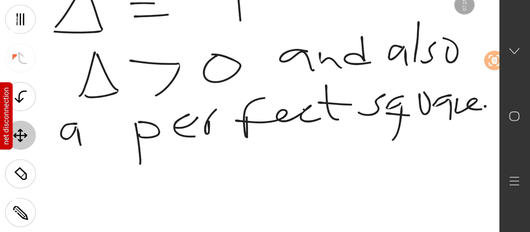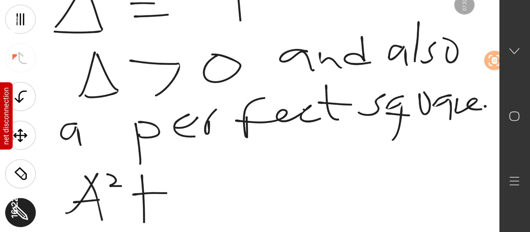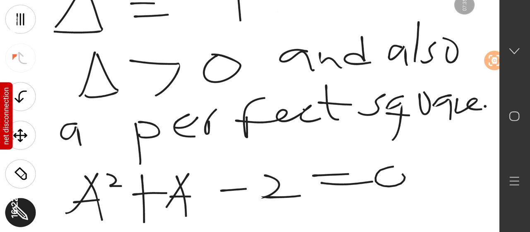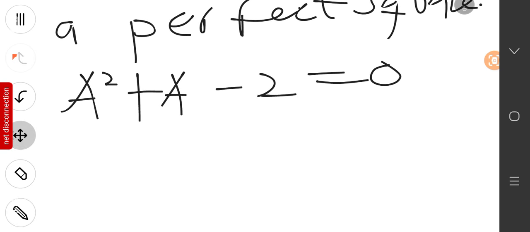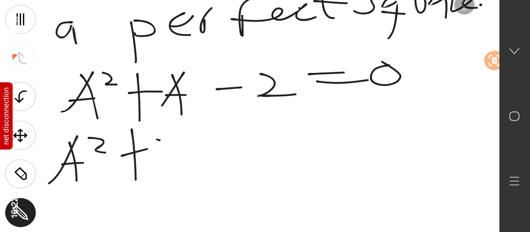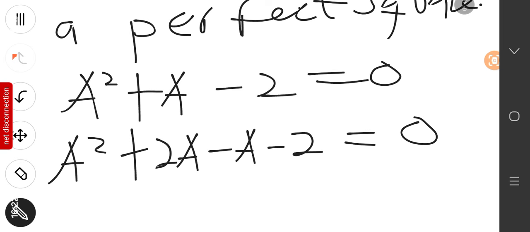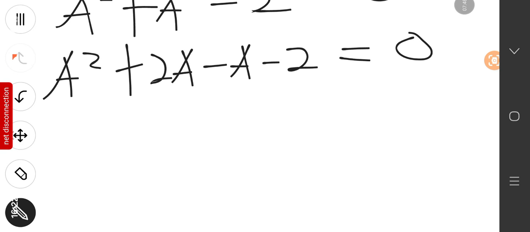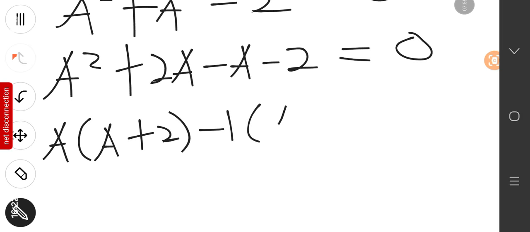So let's quote our equation again. We have a^2 + a - 2 = 0. So we're going to have a^2 + 2a - a - 2 = 0. So our equation becomes, factorizing, (a + 2)(a - 1) = 0.